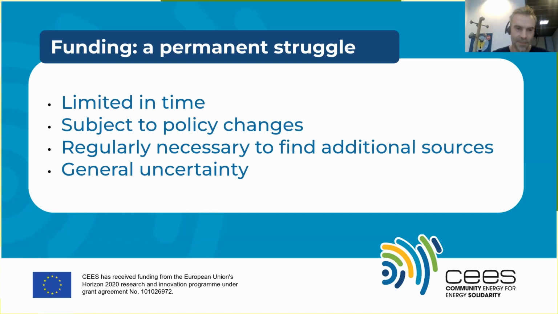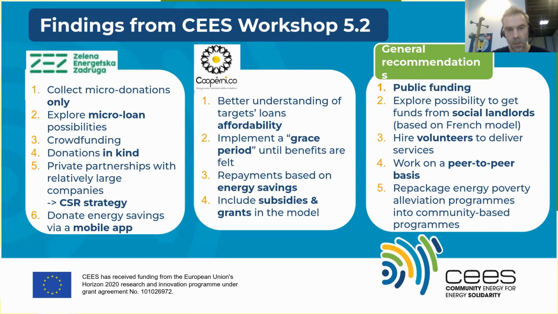Let's just say that. So we've organized 2 workshops, but there's one which was a bit more productive in terms of what we've learned. We gathered a couple of experts on energy poverty, but also crowdfunding, NGOs and financing, in order to have a look at 2 specific programs that are very different, CEES on the one hand and Copernico on the other.